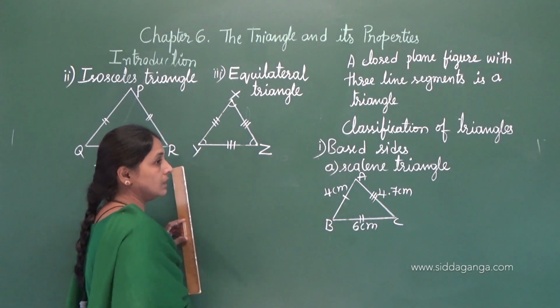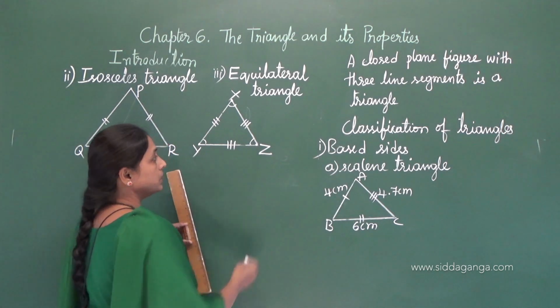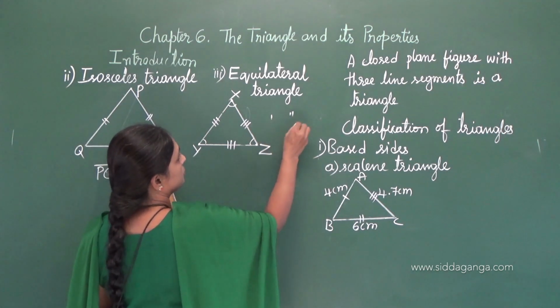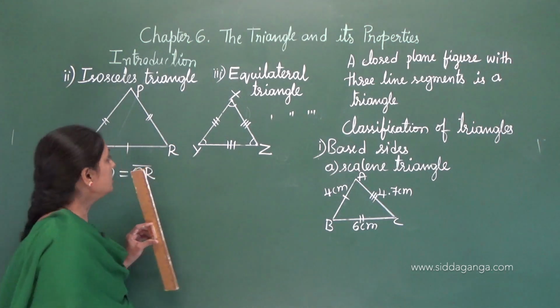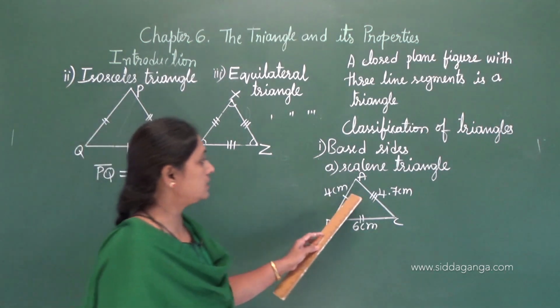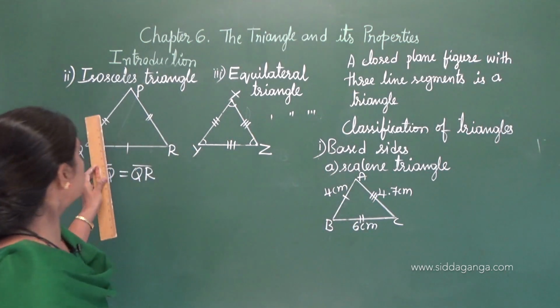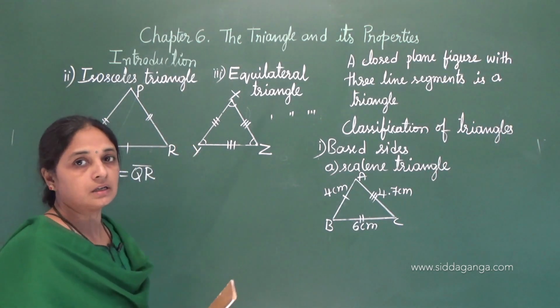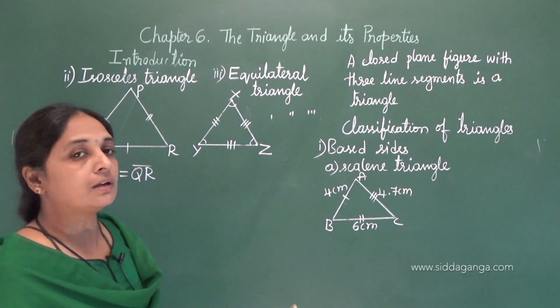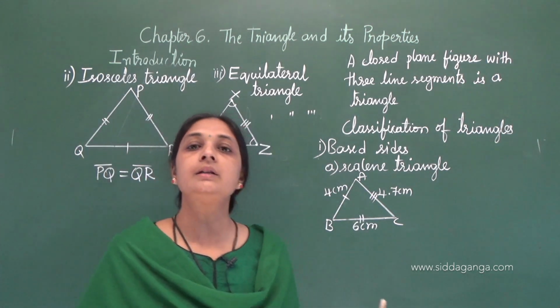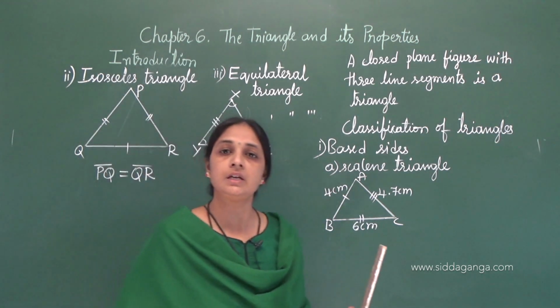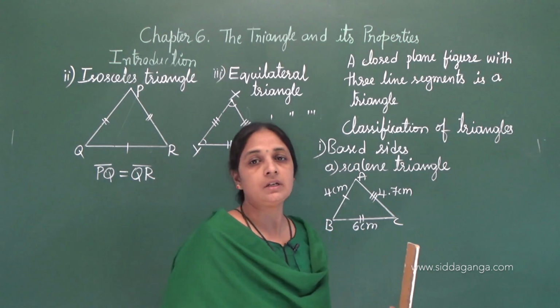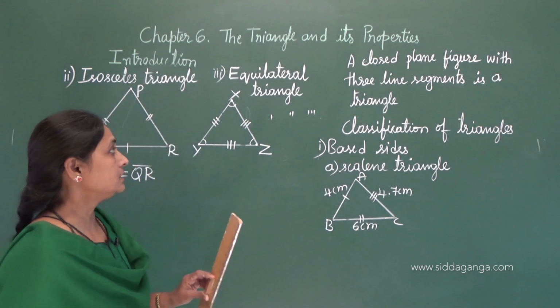Otherwise, if you take 1, otherwise 2, like this. So 1, 2 and 3. Okay. Here we took 1, 2, 3, and here we took 2 and 1, and here all the 3 sides are equal. So this is an equilateral triangle. A triangle in which all the sides are equal in their length is called an equilateral triangle.